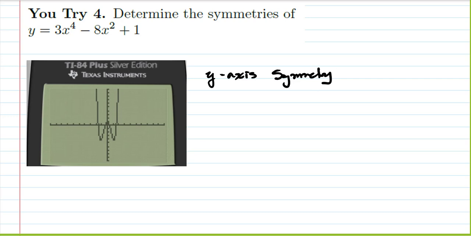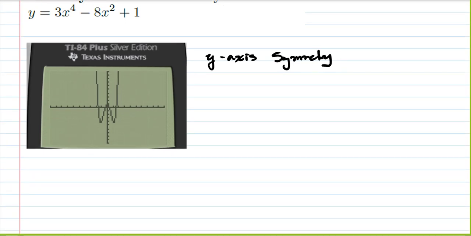The next thing we need to talk about is even and odd functions.